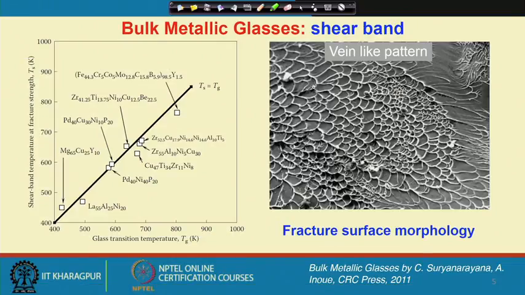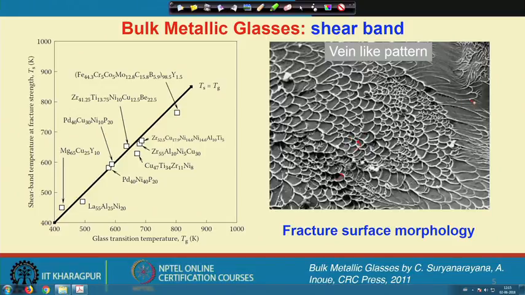And therefore, when we study the fracture surfaces of a metallic glass, usually we observe such kind of vein like pattern. Even though they have some similarities of melting, or let us say like separation of grease. Okay. So, those kind of feature can be observed.